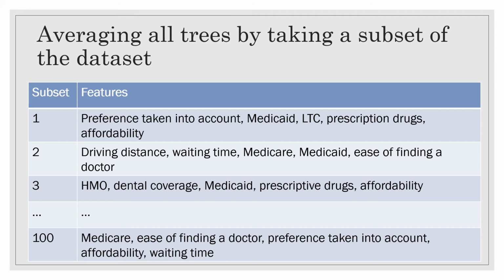We continue to send different surveys for respondents assigned to subset 4 until subset 100, with data collected for each subset. We do a decision tree for data collected on each subset, and we average all these decision trees. And this is the idea behind a random forest.